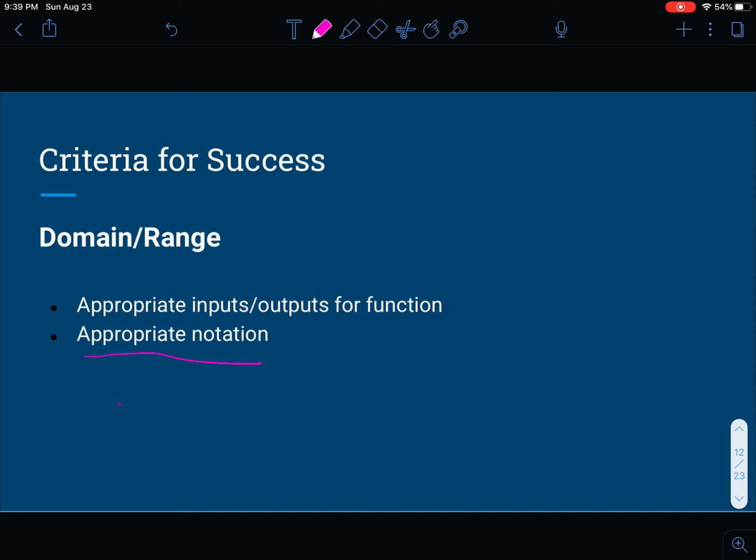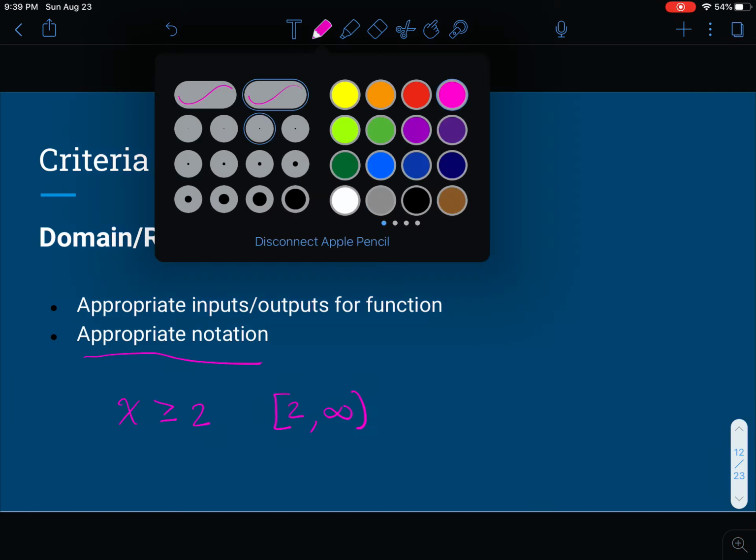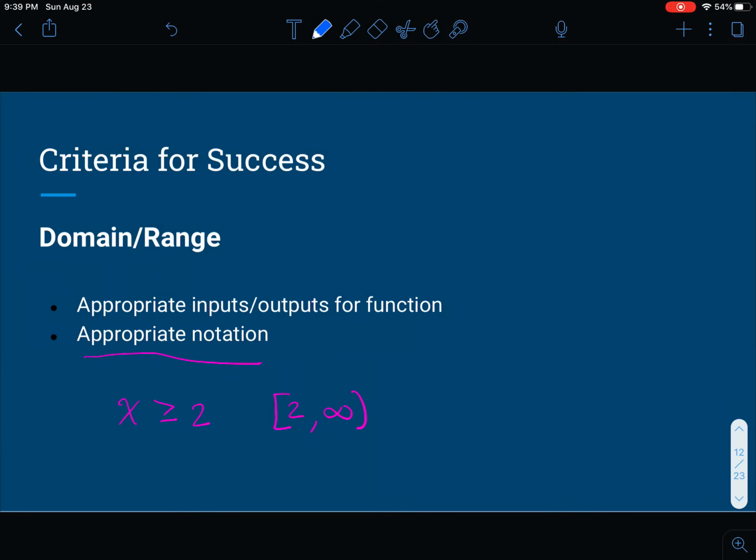So if I wanted to say the domain is everything greater than or equal to 2, what we're going to write is a bracket, 2, infinity. Now, what this means is that this bracket includes the endpoint of 2.